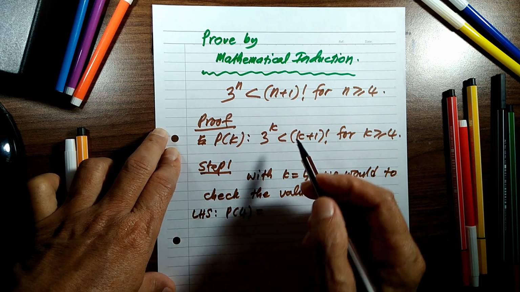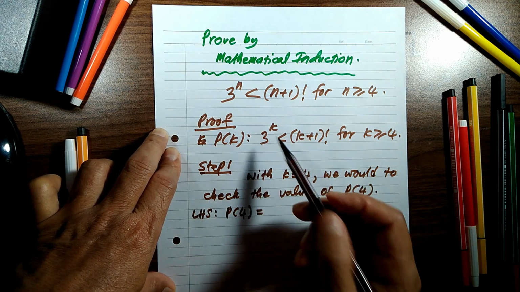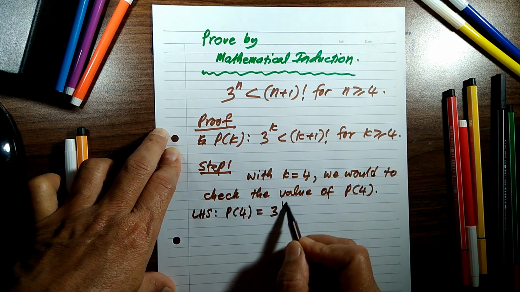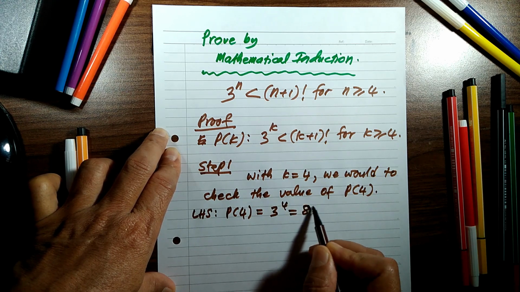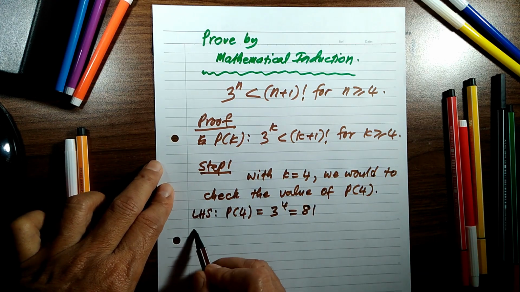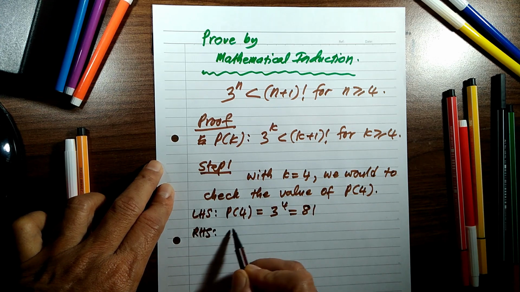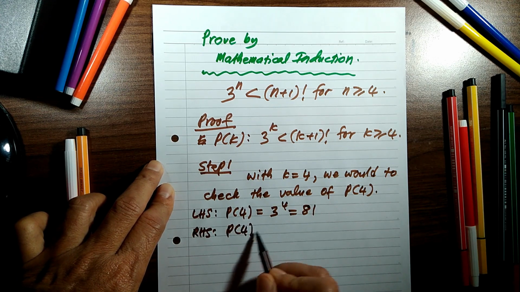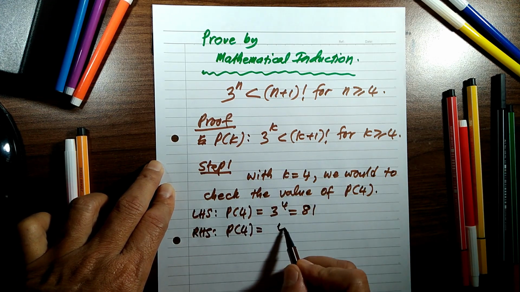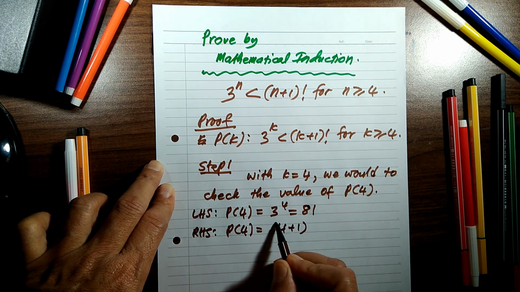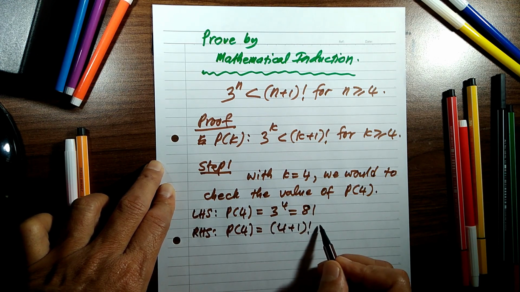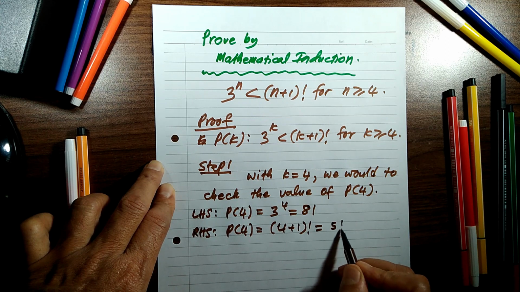Whenever we see k, we set it to 4. So 3 to the power 4 is equal to 81. Now for the right hand side, P(4) is equal to (4 plus 1) factorial. This is equal to 5 factorial.